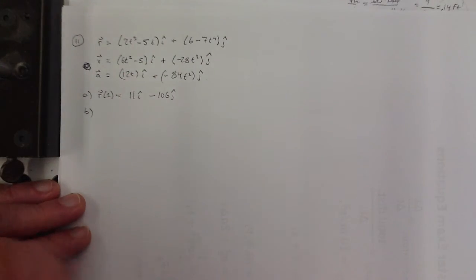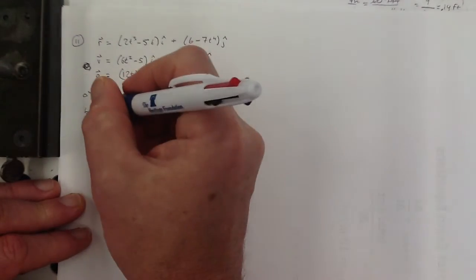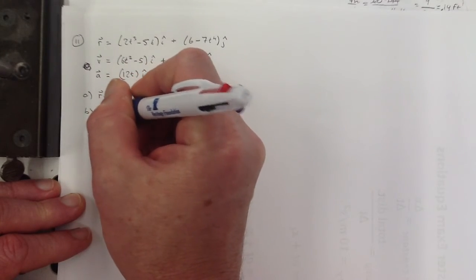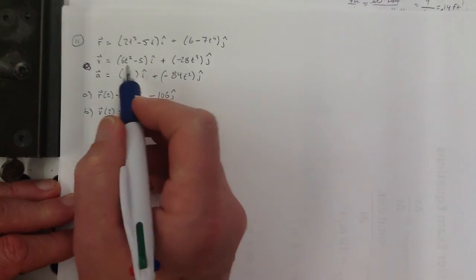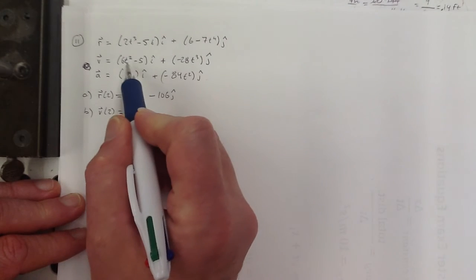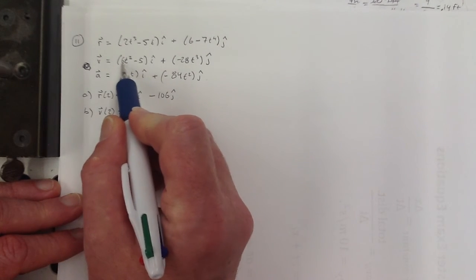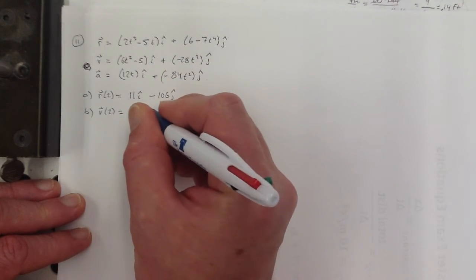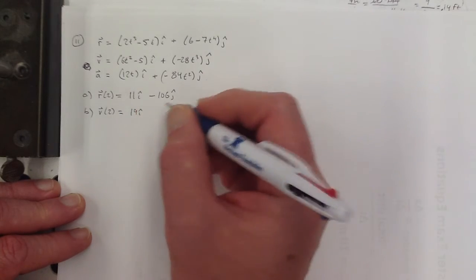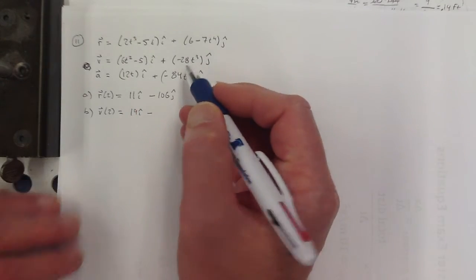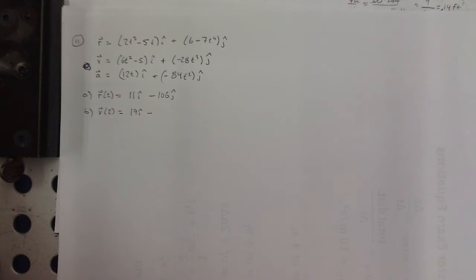And then velocity and acceleration also at time 2. That is going to be 2 squared is 4 times 6 is 24 minus 5 is 19 i, minus 2 cubed is 8 times 28.